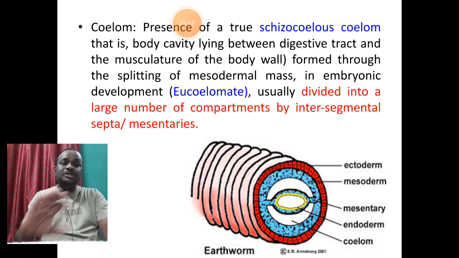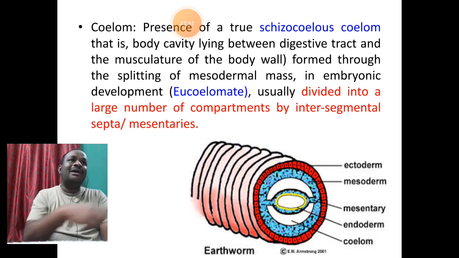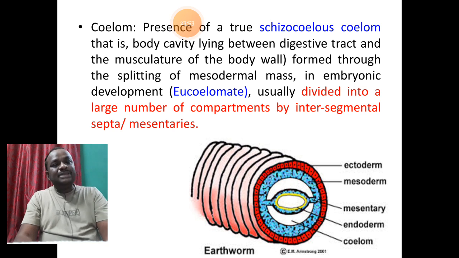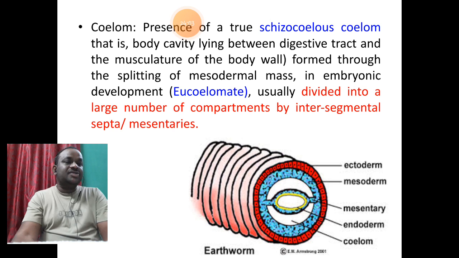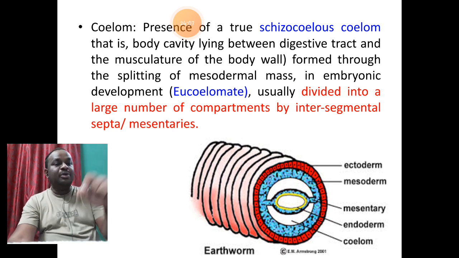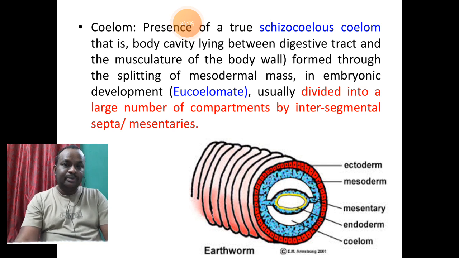coelom. And this coelom is an empty cavity that shows the presence of the organs. Students, remember this kind of empty space when we see it in the body system between the body wall and the alimentary canal, you call the condition eucoelom. And the organisms that possess eucoelom are called eucoelomates.